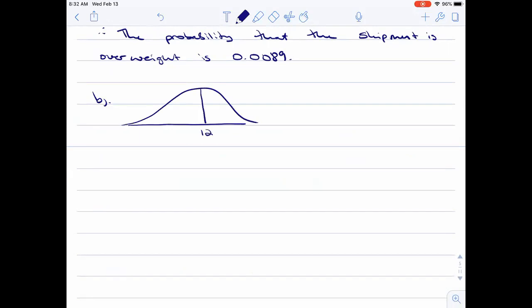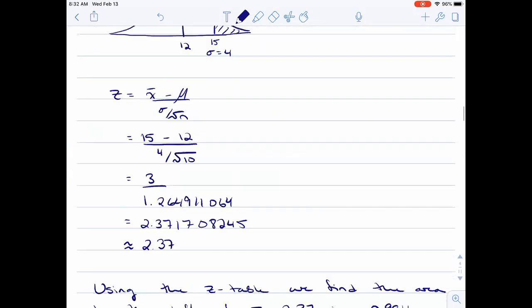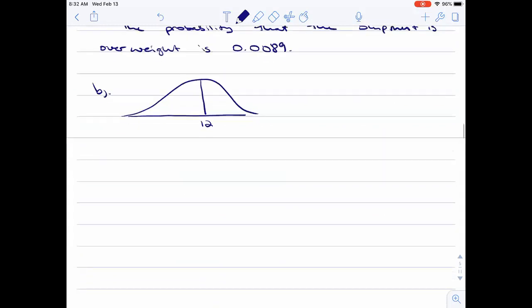So the weights are centered on, is it 12? Yeah, sigma's 4. And we want the heaviest 10% of boxes. Right. Well, the mean weight. Okay.